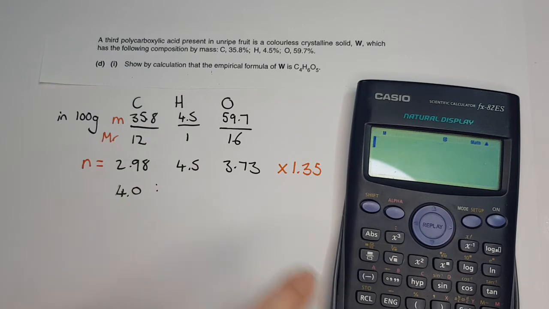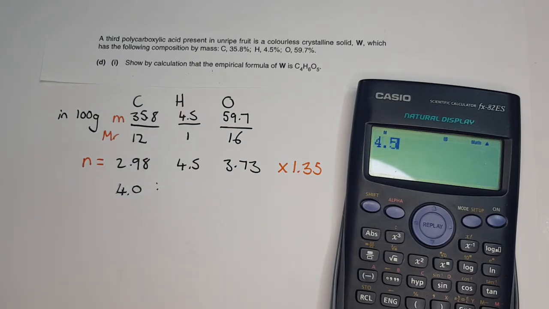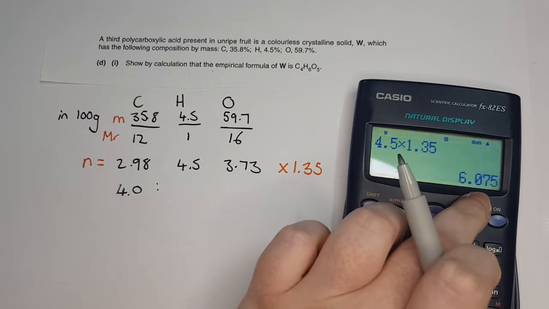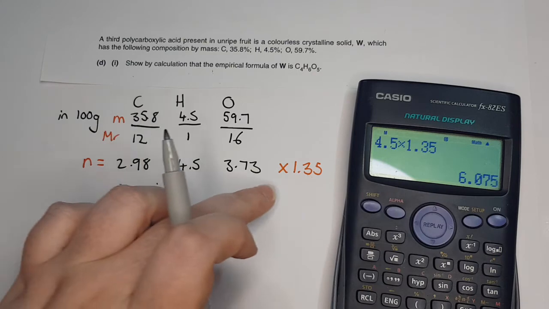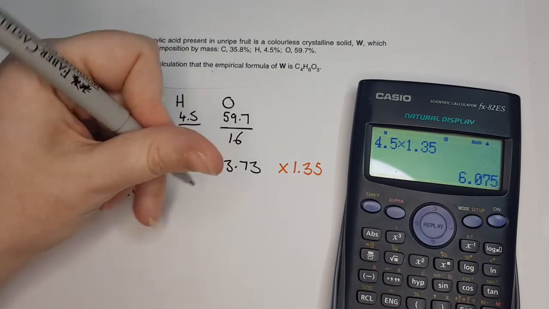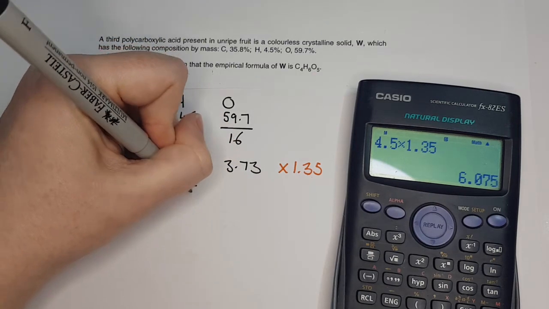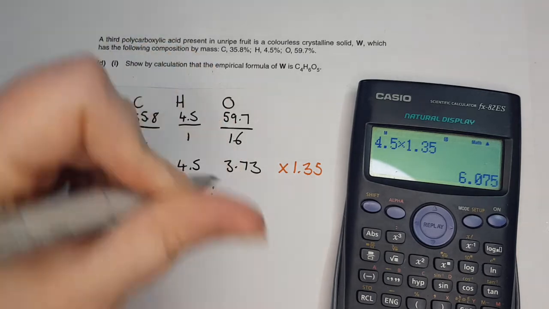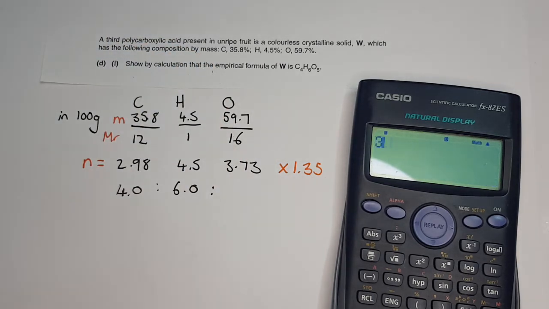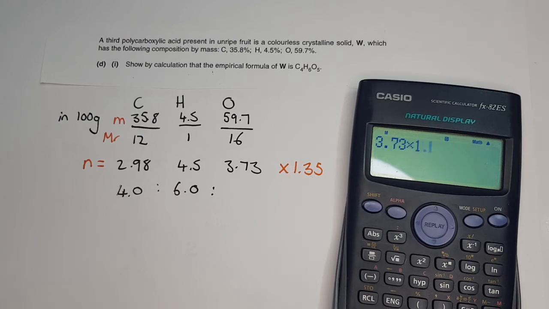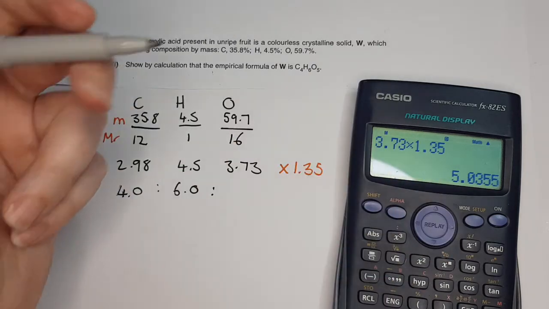And now I want to try that with the next number. So I say 4.5 times 1.35, and I end up with 6.0. So that's exactly what I want. And then I do the same thing with the last answer, and I get 5.0.